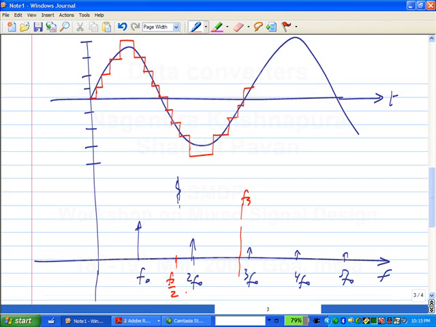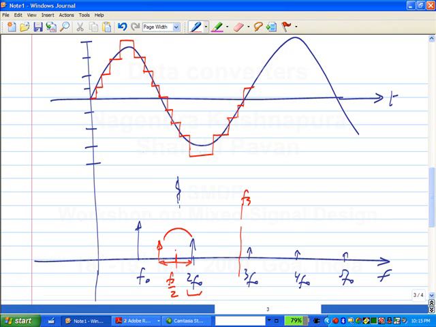Aliasing. Everything beyond Fs by 2 will alias back to within Fs by 2. Right? So what will happen to this 2F0 tone? Where will it go? You look at how much this is, and it basically comes back this way, right?